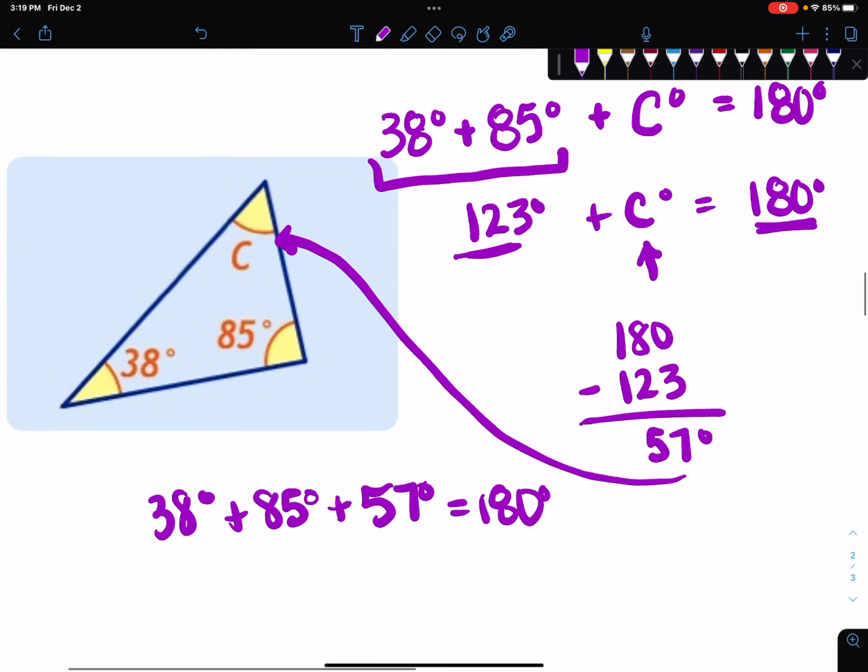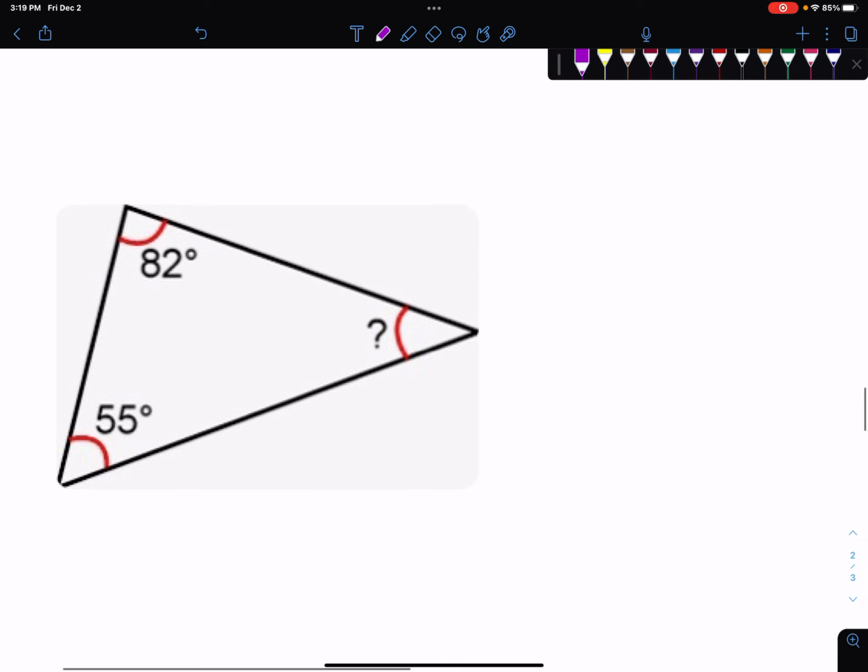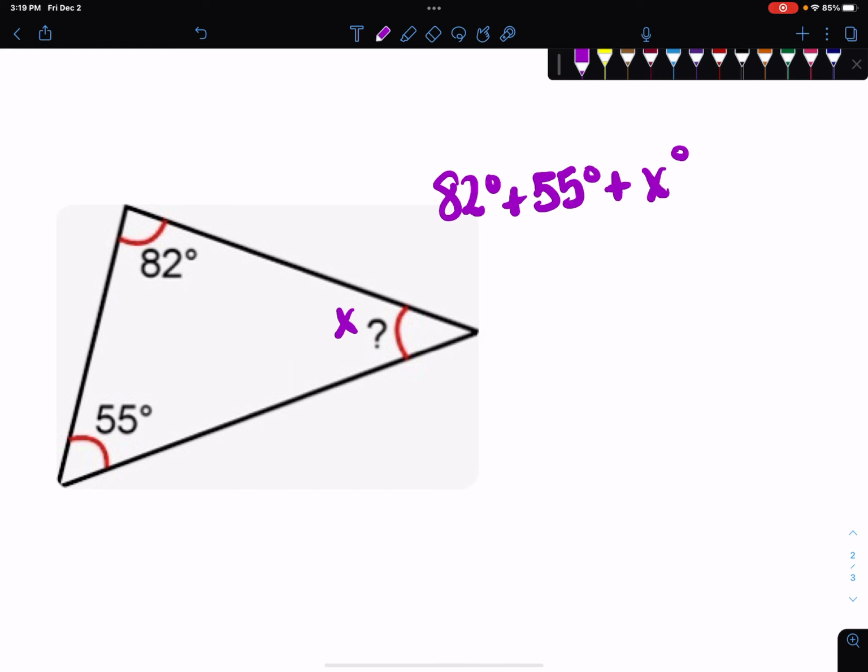Okay, let's take a look at one more. Here's another one that has a missing angle. I know it also has 82 and 55. If I don't know what this is, I can call it X or A or some variable. But I know that when I add those up, it's got to equal 180.